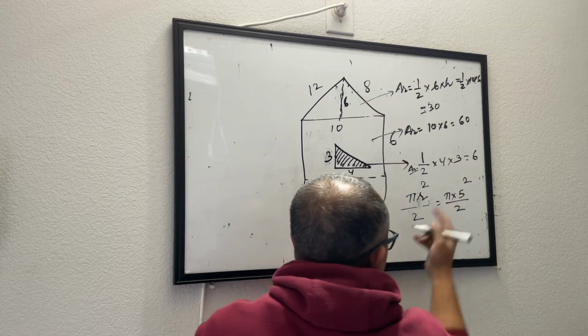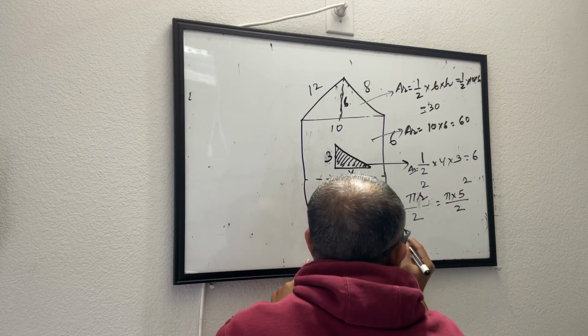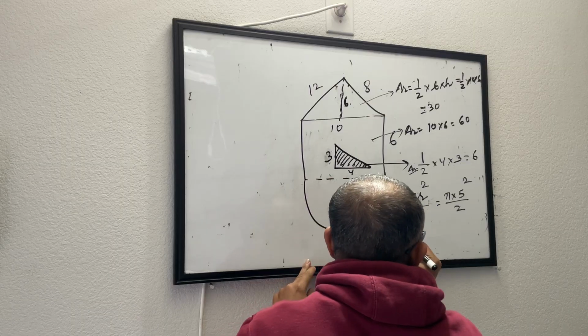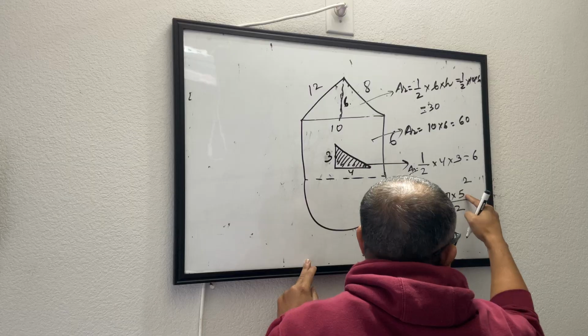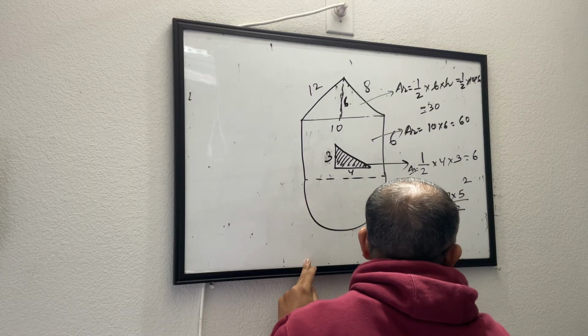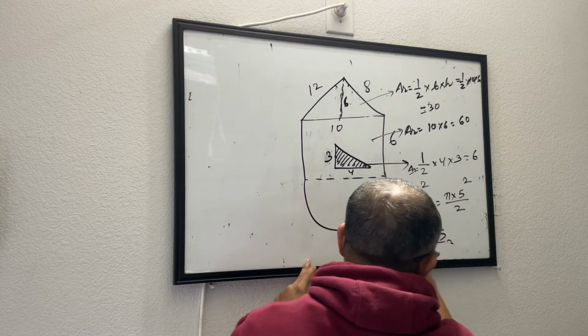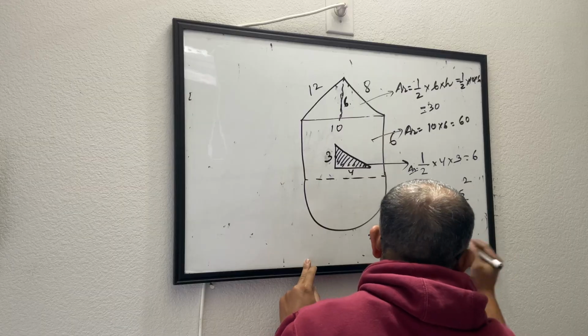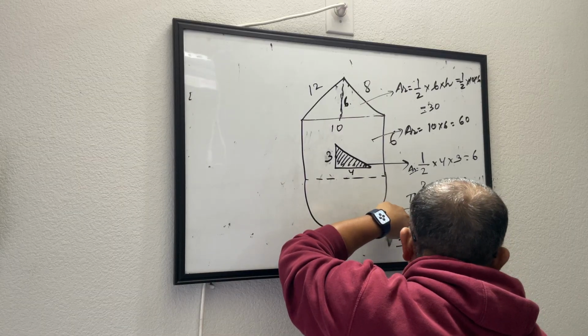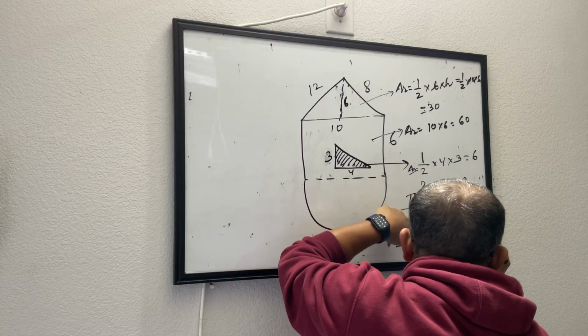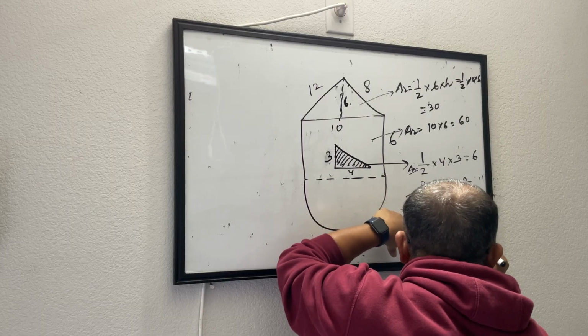Now let's take pi as, let's say, 3.14. Pi into 5 square is 25, divided by 2. So this is 75. Okay. So 25 times 4 is 100, 10, 25 plus 10, 35. 3 carry forward.